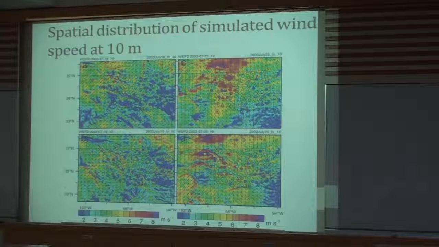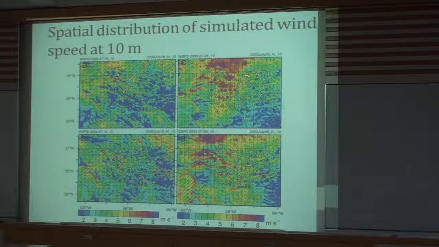And when we explain it, we go to the simulation to see the whole figures of the simulated wind speed at 10 meters. In this strong case, the wind is... Please pay attention to the dot area.